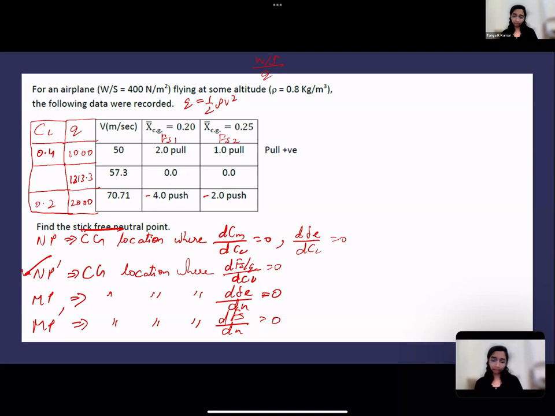What's the second one? Getting 0.3046. Okay, now what do we do?